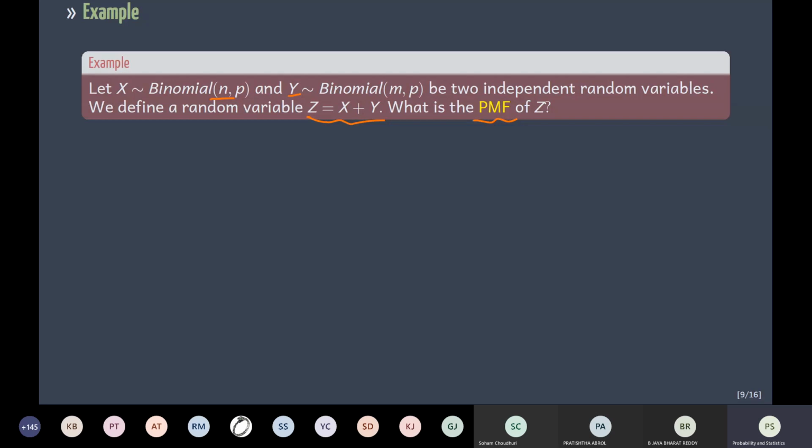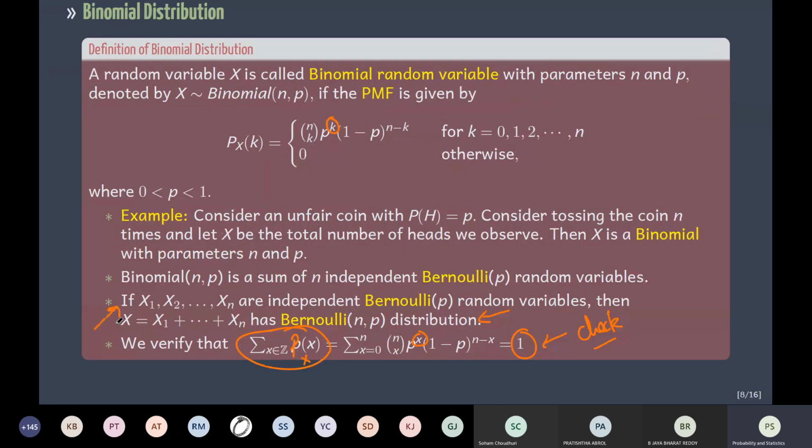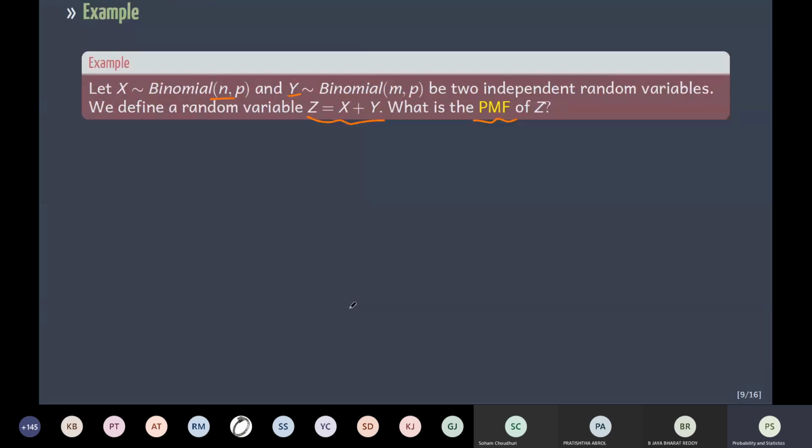So what would be the PMF of z? What we noticed from the previous observation is that if I take n independent Bernoulli random variables, then the sum has the binomial distribution. This is something we know. So corresponding to each binomial, we have independent Bernoulli variables.